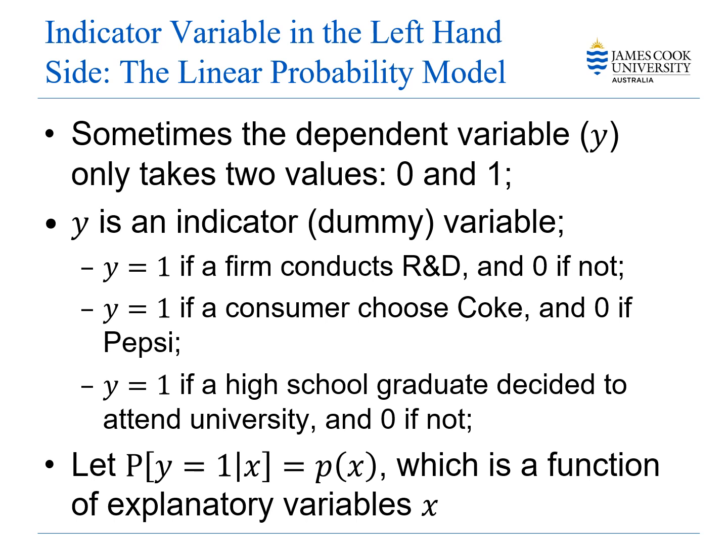For example, y could take a value 1 if a firm conducts R&D, 0 otherwise, or 1 if a consumer chooses Coke and 0 for Pepsi. Or y is equal to 1 if a high school graduate decided to attend university, 0 otherwise.